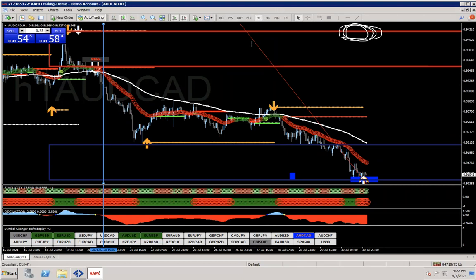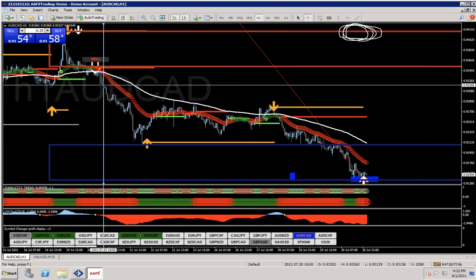And what you do is you take your entry, you find the most recent level of structure, you put it well above it. Because this is the hour, we respect it a little more, might put it 30 pips back. But if we take it all the way down to the bottom, we got 103.